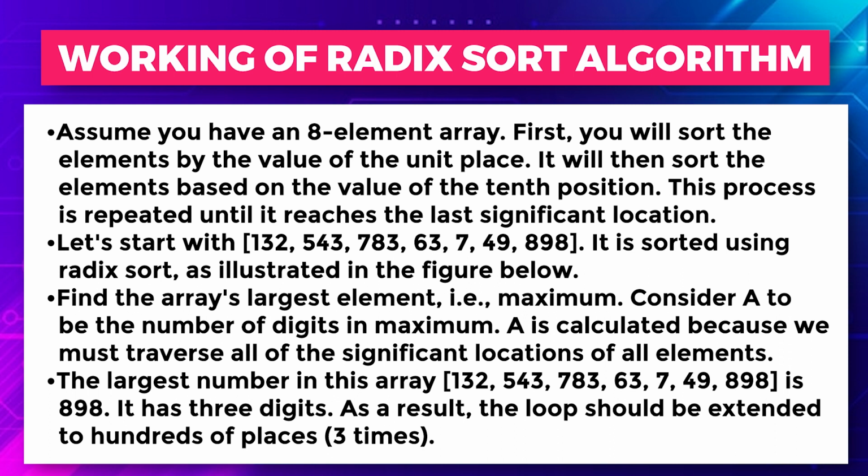A is calculated because we must traverse all the significant locations of all elements. The largest number in this array, amongst 132, 543, 783, 63, 749 and 898, is 898. It has 3 digits. So, as a result, the loop should be extended to the hundreds place.